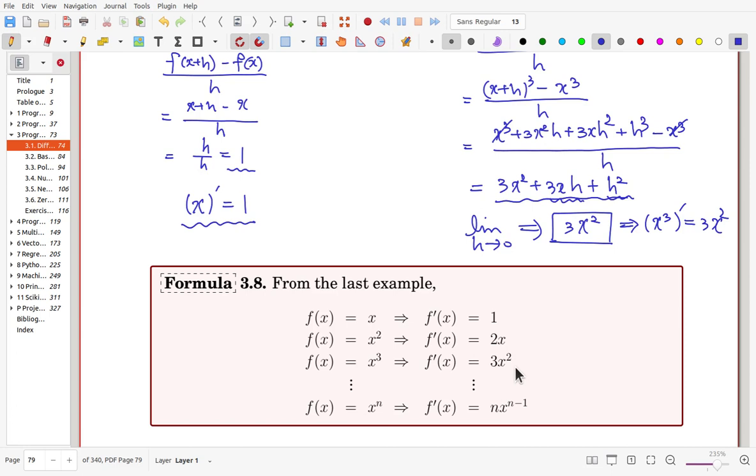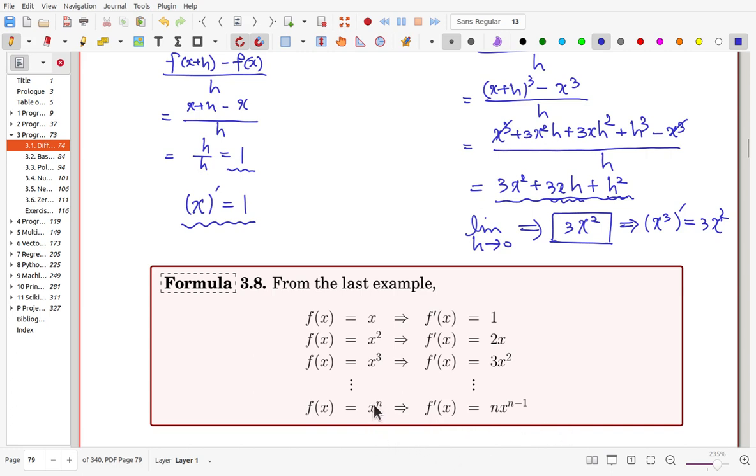In general, by using this technique, you can find this formula for x to the n. Its derivative is n times x to the n minus 1. Here x cubed, 3 will go out, and 3 is changed to 2 here, right?